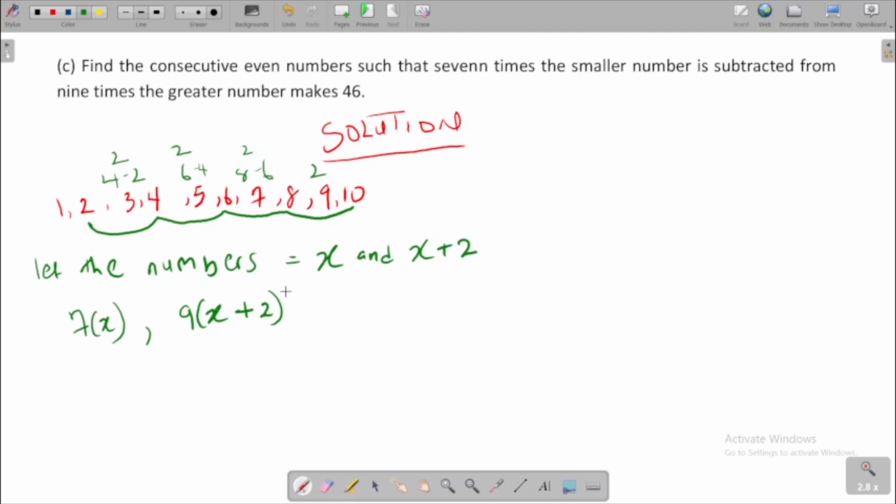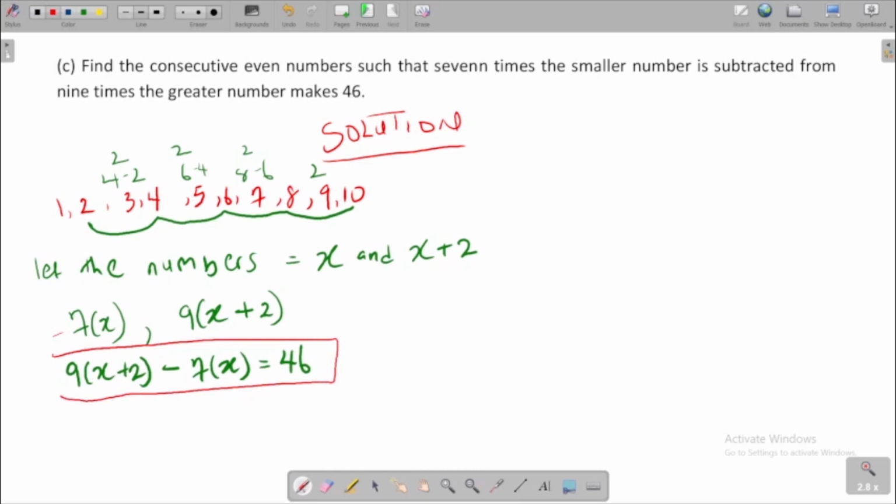So if you subtract, 9 times x plus 2 minus 7x, the answer you have according to the question is 46. So you need to solve this equation we arrive at, so that you can get your answer from there.